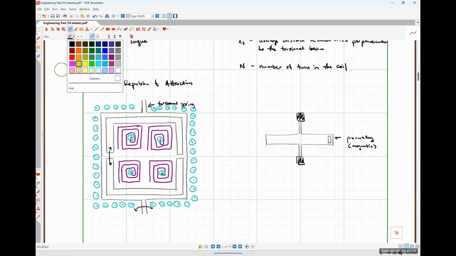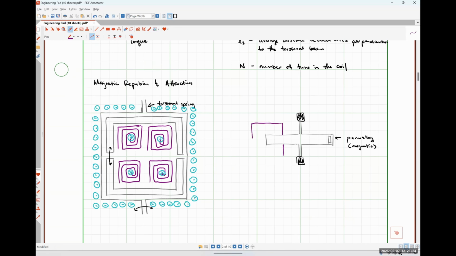We had a coil underneath one of those legs of the cantilever beam. And so we are able to either attract the left-hand leg towards the coil or push it away from the coil, depending on whether we pass a positive current through the coil or a negative current through the coil.